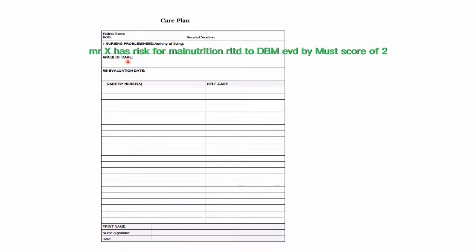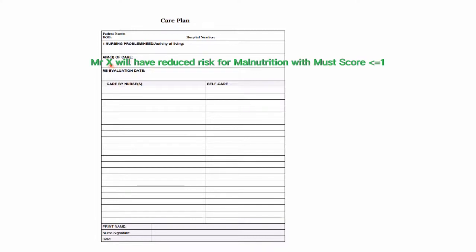Now, the aim of care for risk for malnutrition could be Mr. X will have reduced risk for malnutrition, or Mr. X will have improved knowledge on diabetes management, or Mr. X will not develop illness complication.